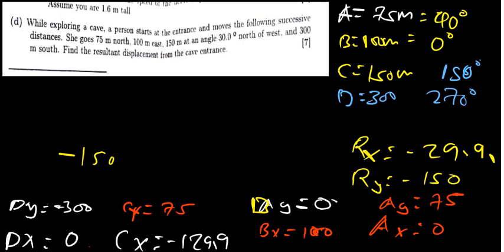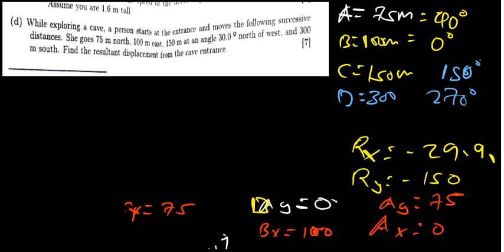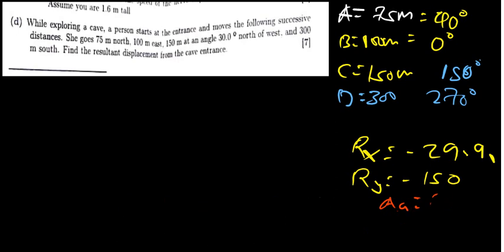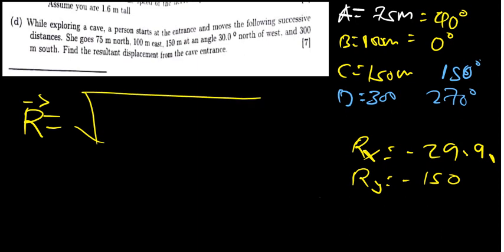The question is to find the resultant displacement from the cave entrance. Here is a simple issue, guys. Before you even find the direction, let's find now the resultant. I can get rid of those. We no longer need them. The moment you say r, you have to put the arrow on top, meaning that it is a vector. R is the square root of rx squared plus ry squared.